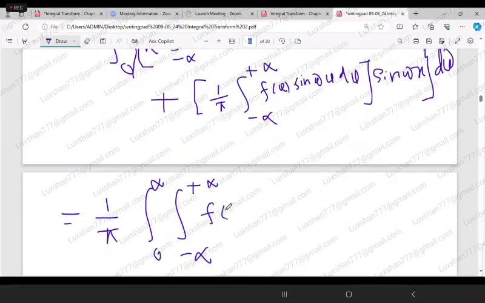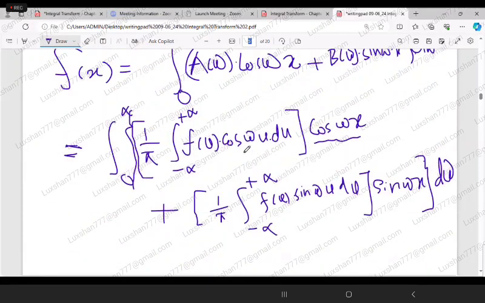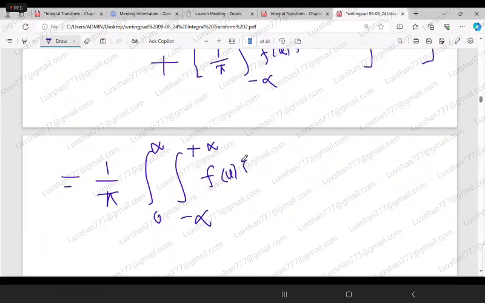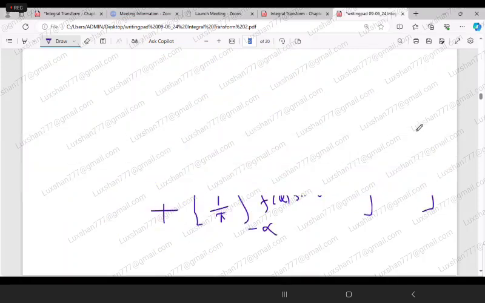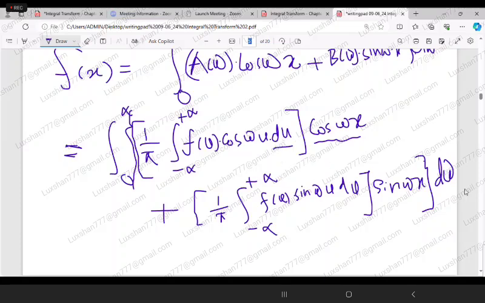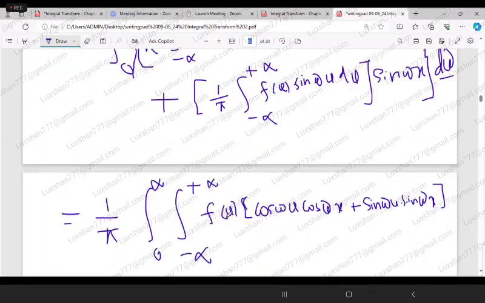I can write this way, f(u) [cos omega u cos omega x plus sin omega u sin omega x] into, I have two actually, this one is du and this one is d omega. So I can write this as, order is important.